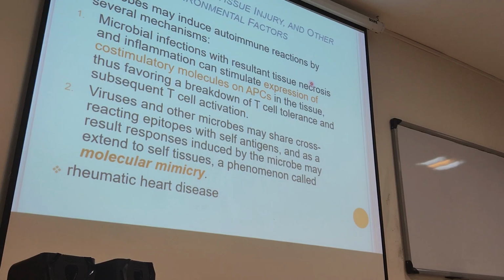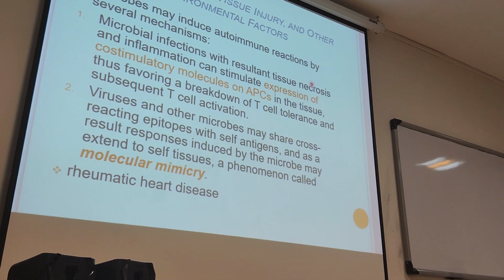For example, in rheumatic heart disease, we have streptococcal pharyngitis, and after a few weeks, the patient comes to us with symptoms of disorders of heart valves or different kinds of heart problems.